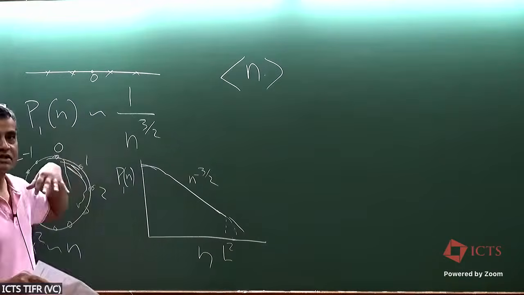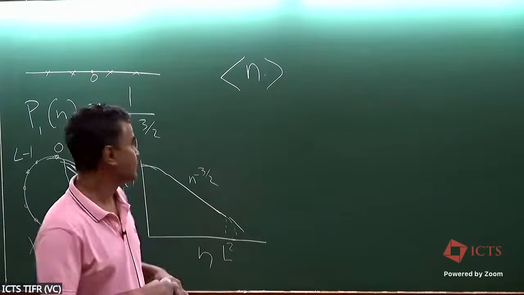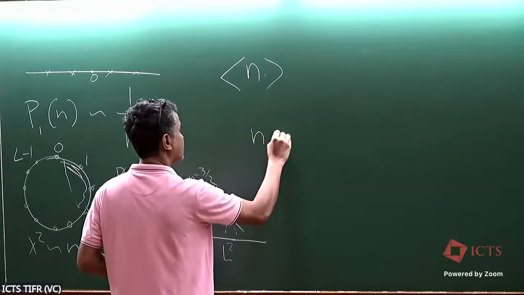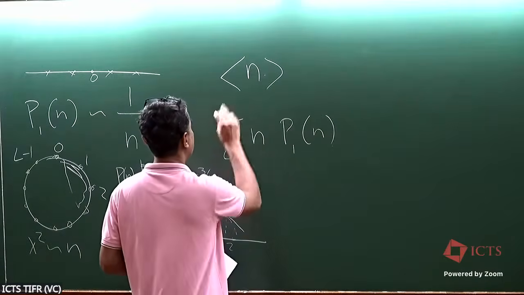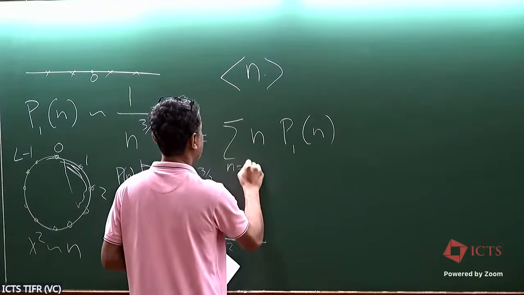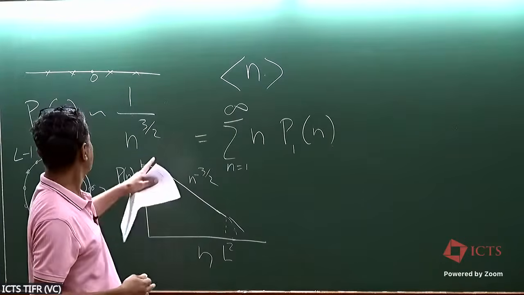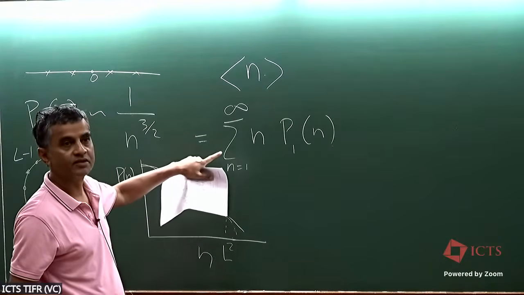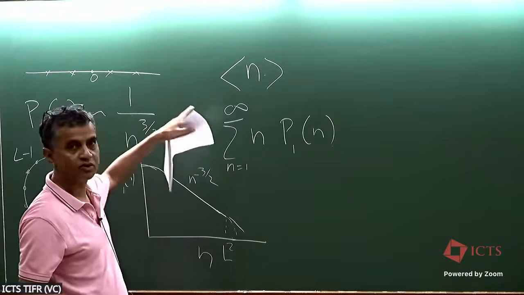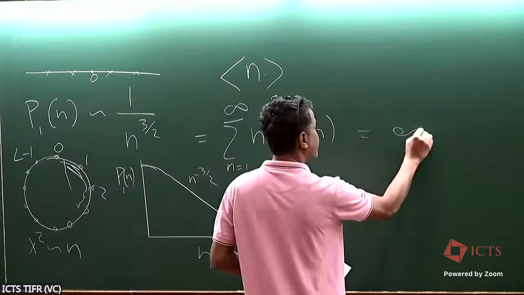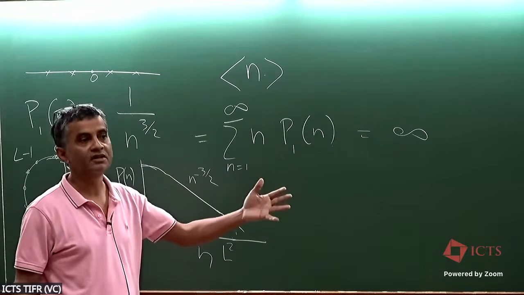If you ask what is the mean time I will take to return to the origin, it should be the sum of n times the distribution. What will this give on the infinite lattice? Infinite, because it goes up to infinity, so this should diverge. So even though we definitely return to the origin, the mean time to return is infinite.